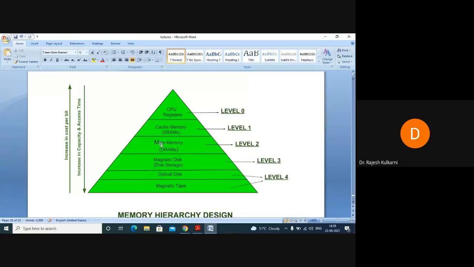In this memory hierarchy pyramid, which is the costliest? As we go up, cost increases. Which is the cheapest? As we go down, cost decreases. Which is the fastest? As we go up, the speed increases. Which is the slowest? As we come down, it will slow down. So this is your memory organization or memory hierarchy.